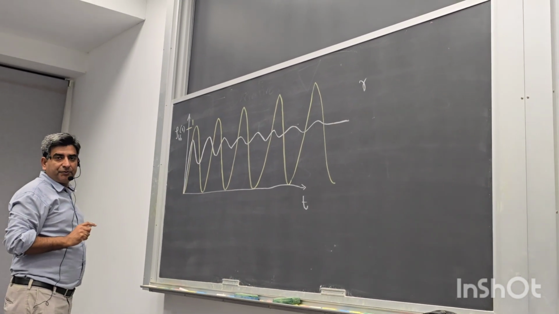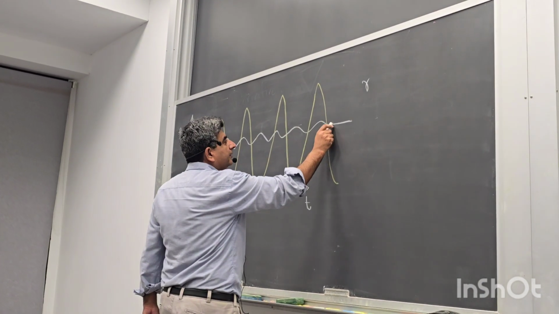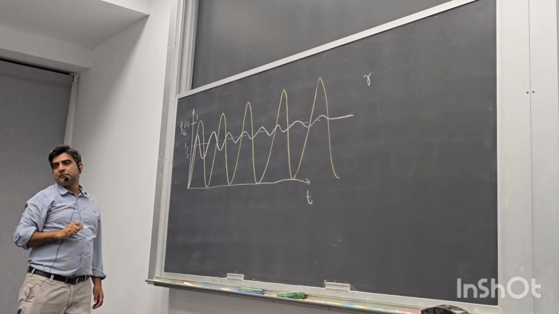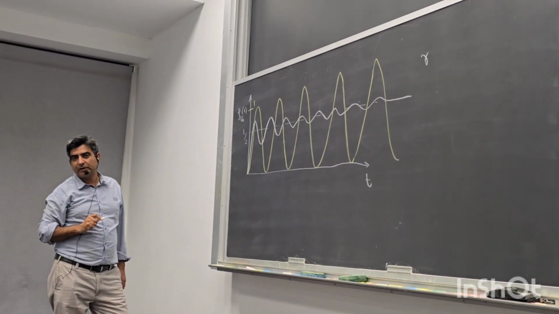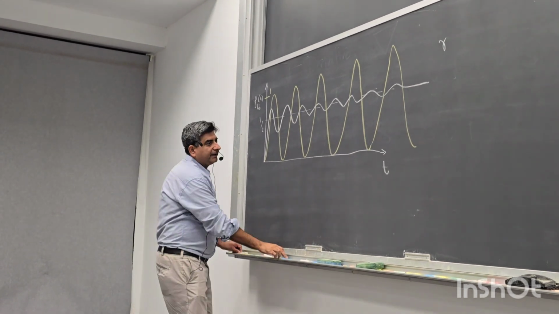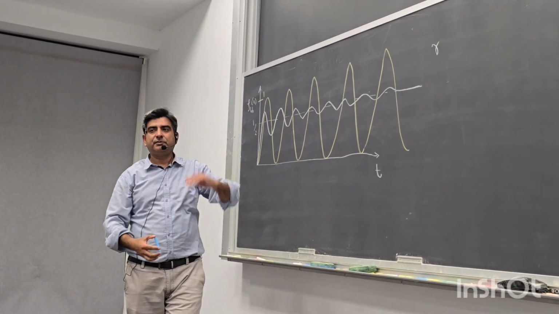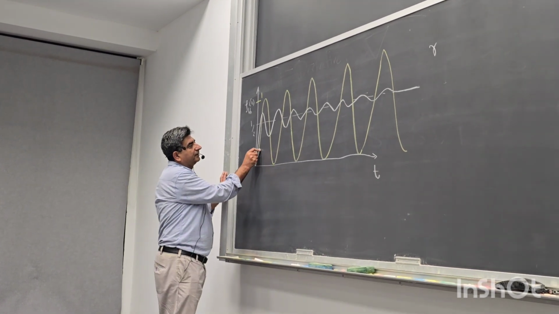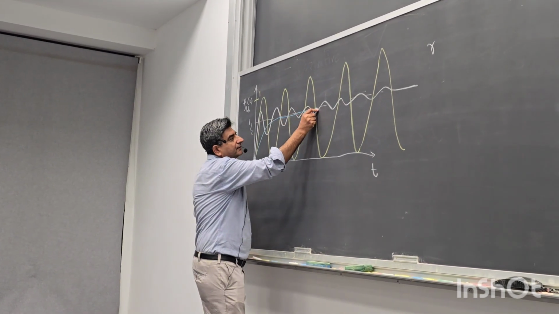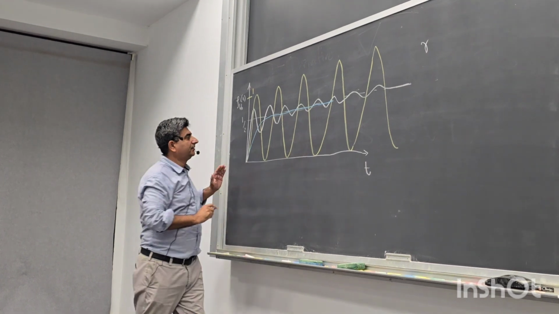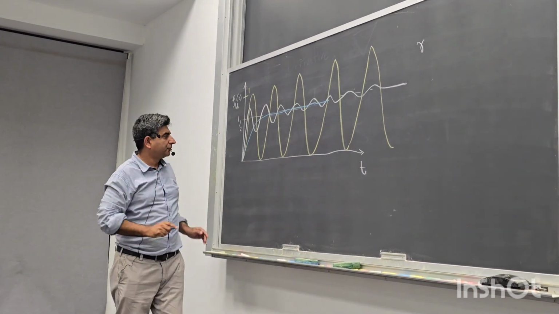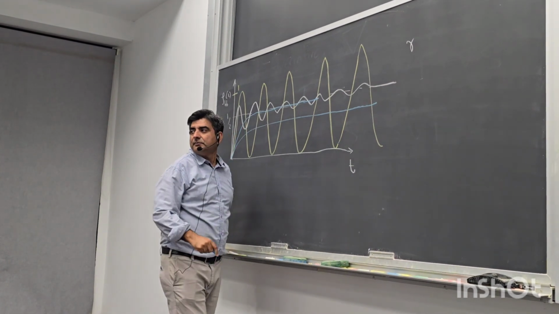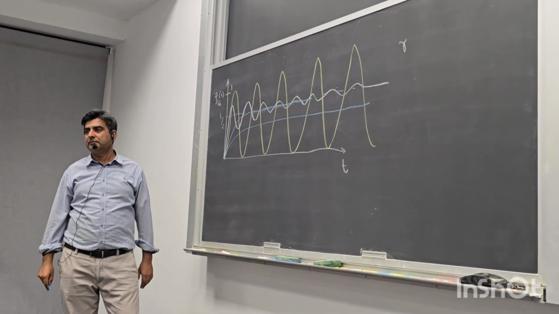This steady value cannot be greater than 1/2. And in the limit of very large damping, these oscillations are barely seen, and one gets just a smooth approach to some intermediate value perhaps, which is called the weak field limit.